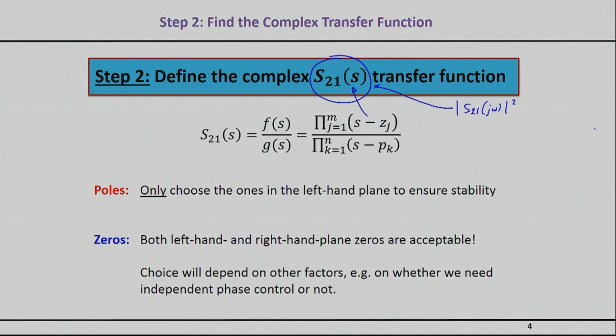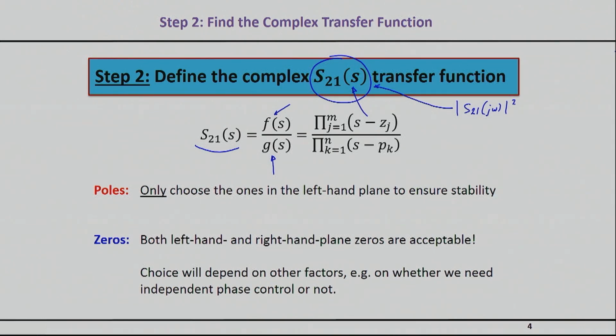Now, based on decades of research, specifically for lumped element filter synthesis, which is essentially where the story begins, this S21 in the S domain, in the complex frequency domain, can be expressed as a ratio of two polynomials. The proof is something we're going to skip in this class, but it is guaranteed that you will have a polynomial in the numerator and a polynomial in the denominator, and each one of them will have some roots.